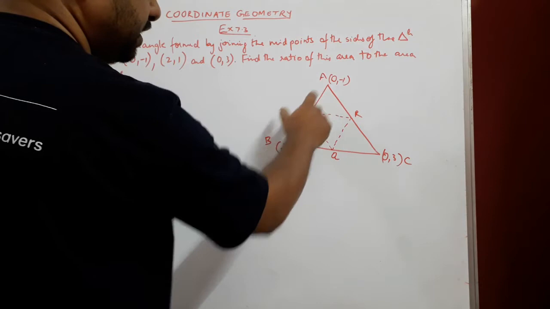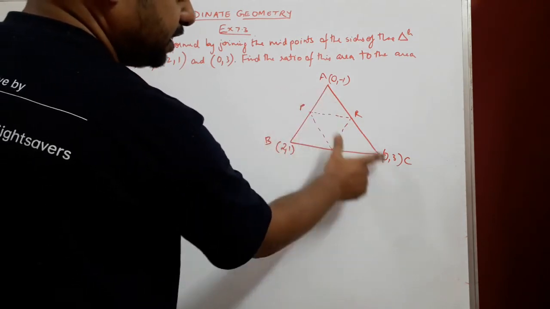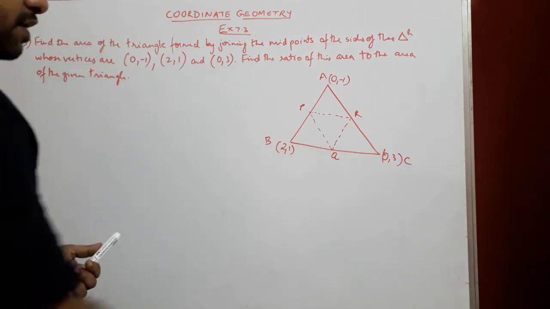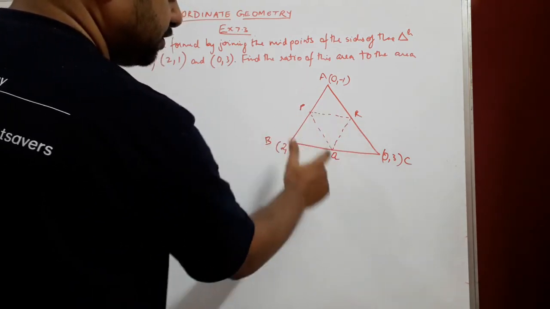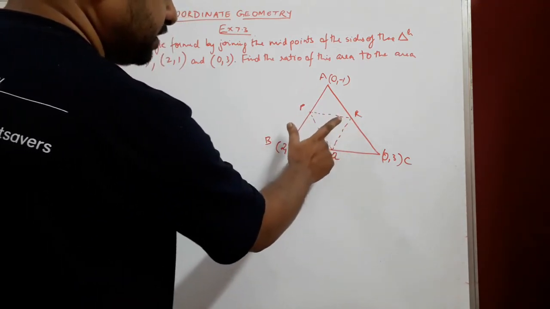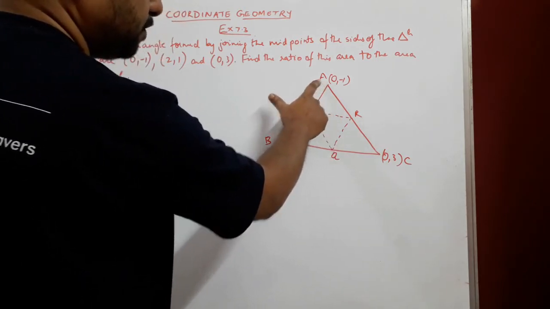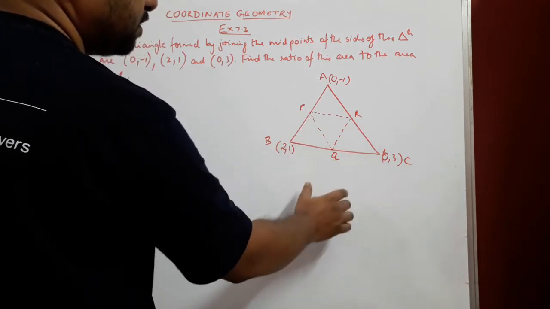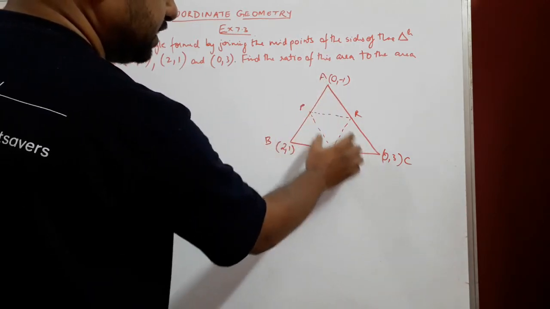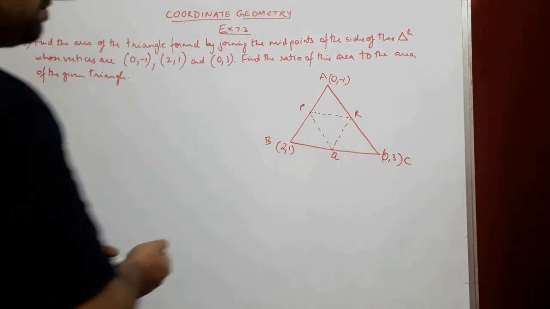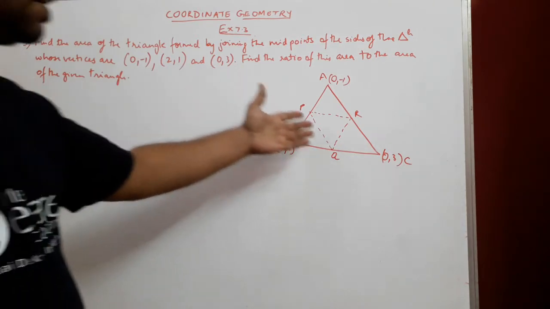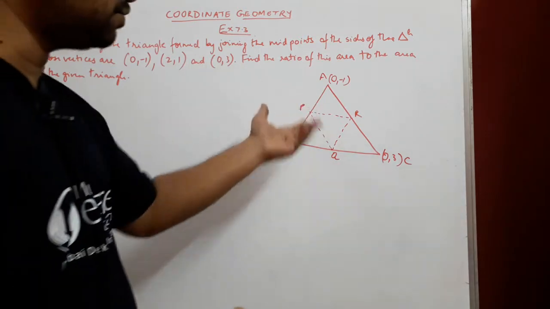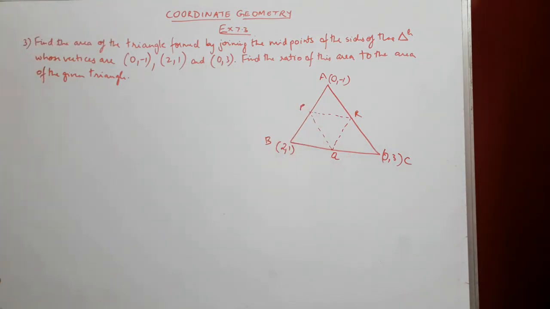So from A and B we'll get P, from A and C we'll get R, and from B and C we'll get Q. Once we've got the coordinates of the three midpoints, we need to find the area of this one. With the help of these three coordinates we'll find the area of the bigger triangle, that is ABC. Once we get the area of triangle ABC and the area of triangle PQR, we'll be in a position to say what is the ratio of this area to the area of the given triangle.